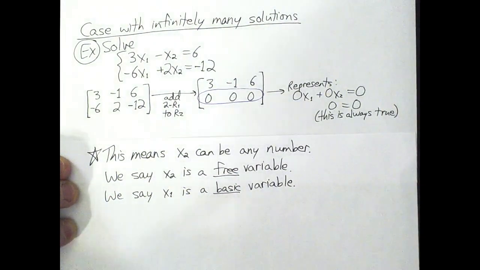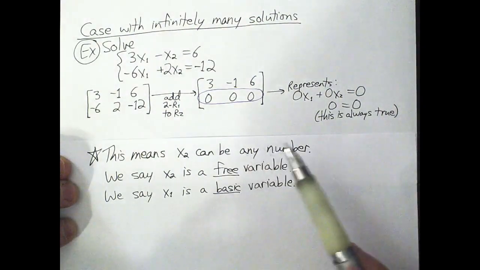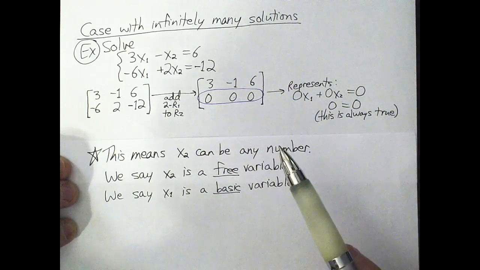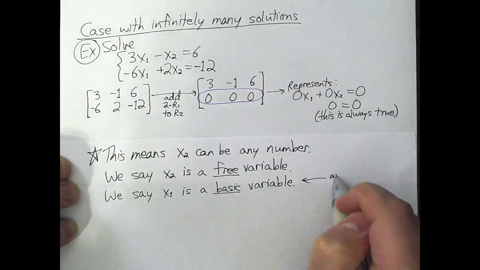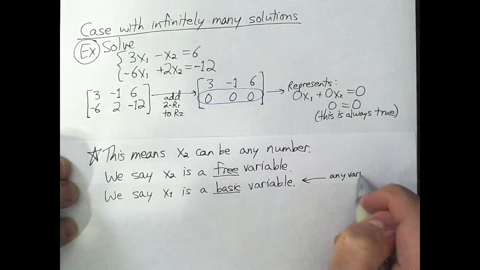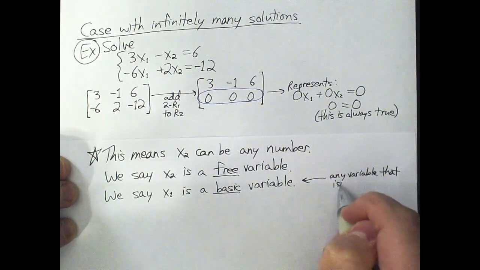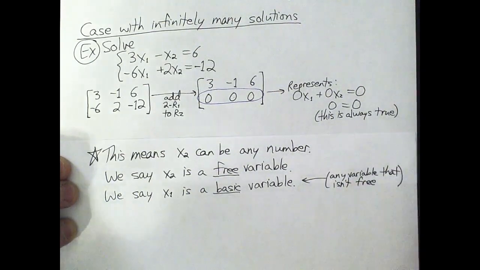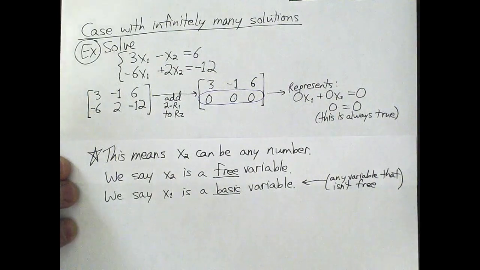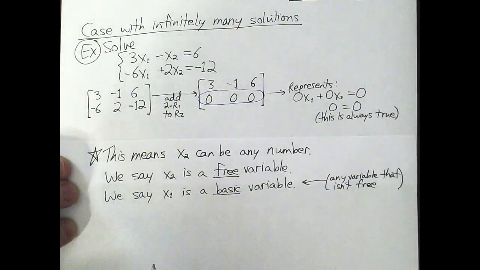So a free variable is a variable that can be any number, any real number. A basic variable is any variable that isn't free. When I say any number, I mean any real number, just so you know.